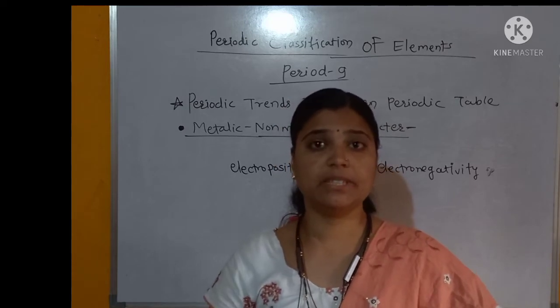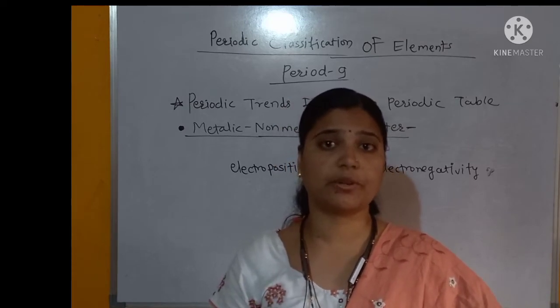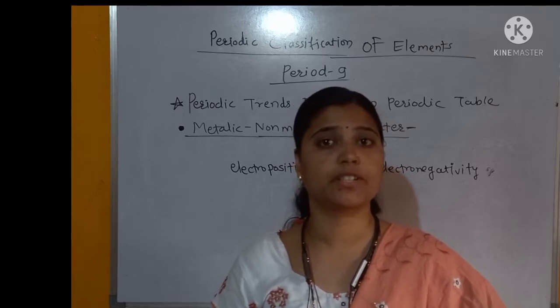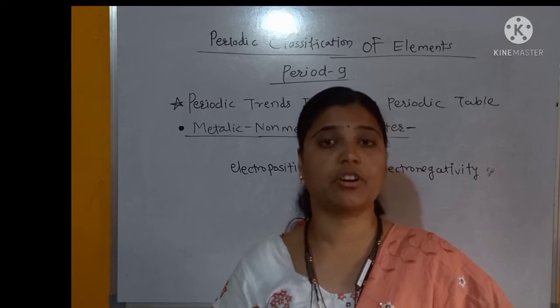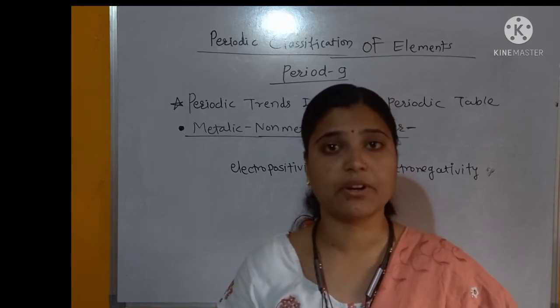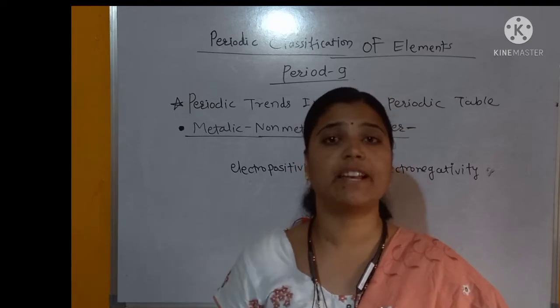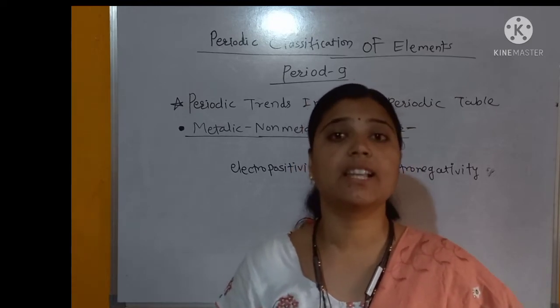These outermost electrons take part in chemical reactions and reactivity. It is called the valence shell, and the electrons present in it are called valence electrons.